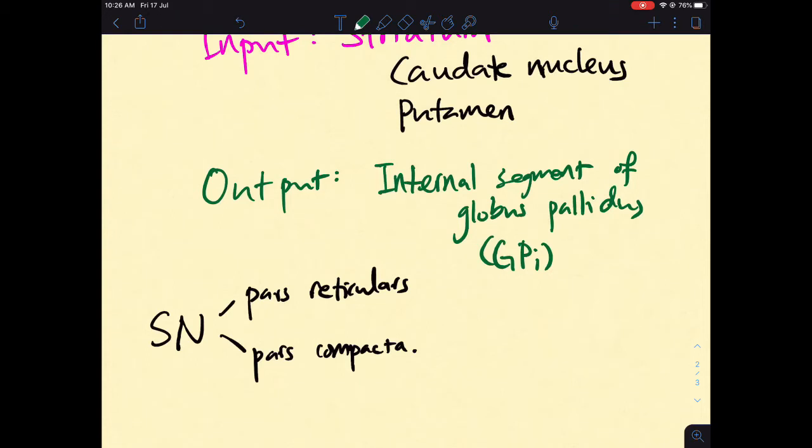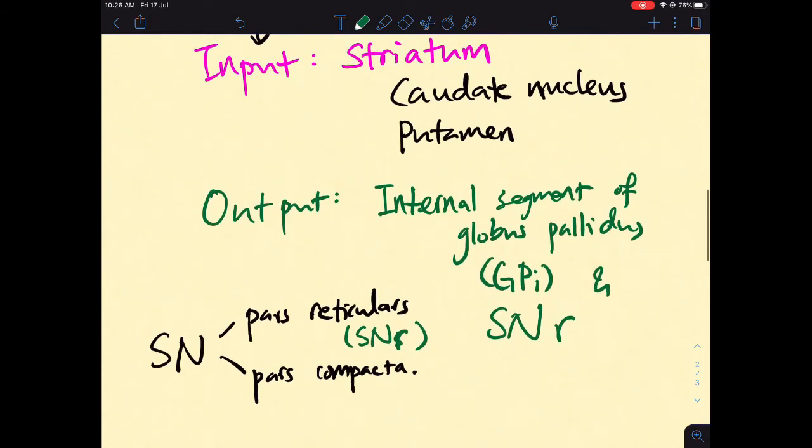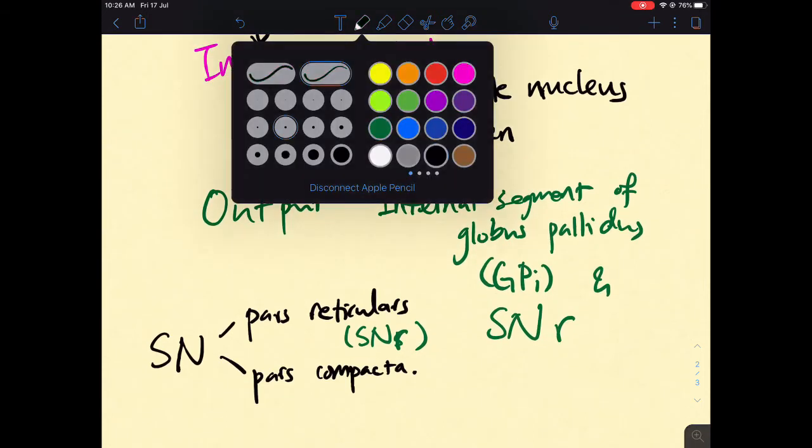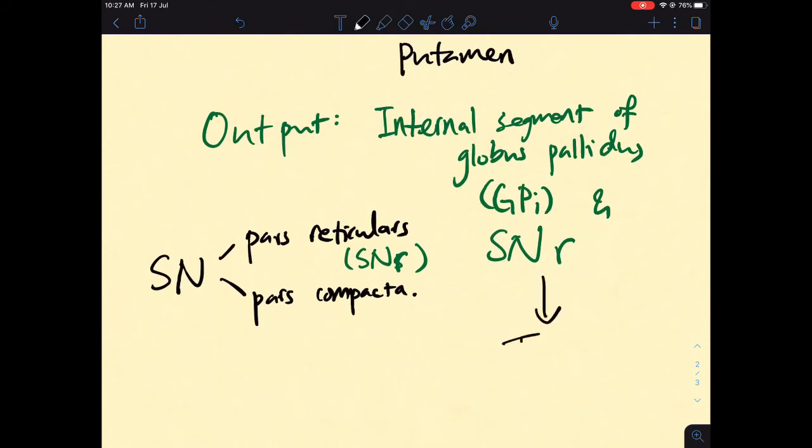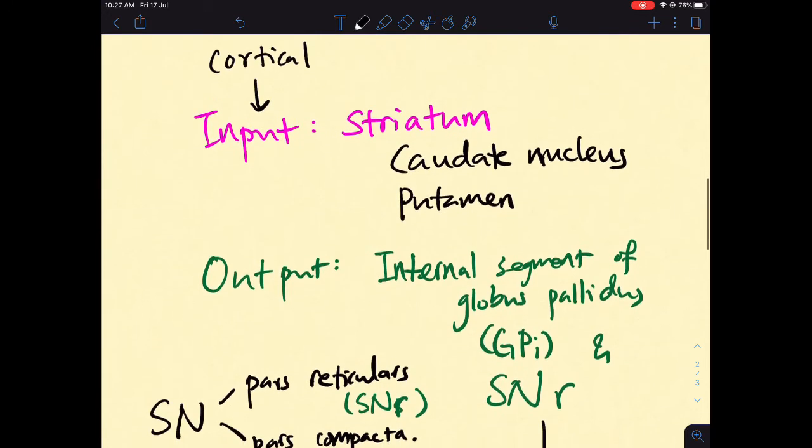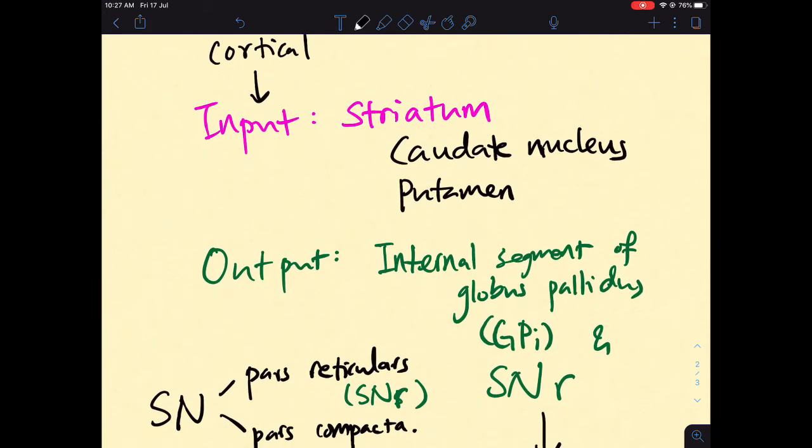So we can abbreviate this to pars reticularis of the substantia nigra. So these are the output, and they output into the thalamus. So: cortex, basal ganglia, thalamus.